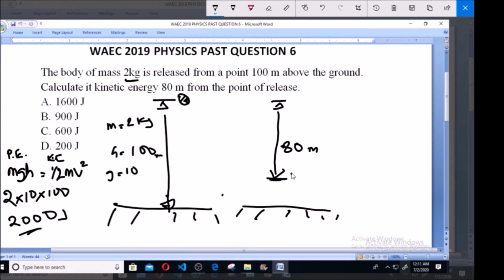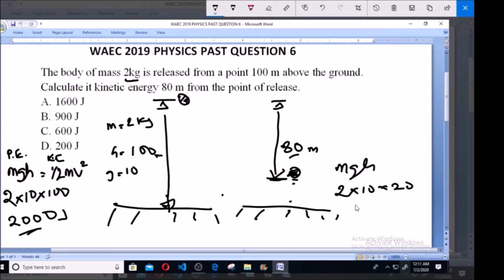So for this situation, at this point, what is the kinetic energy of the ball? It's going to be the distance from here to here. So what are we going to have? We're going to have m, still the same mgh. So m is going to be 2 times g, which is 10, times the remaining height. What height is left? 20, which is 100 minus this 80.